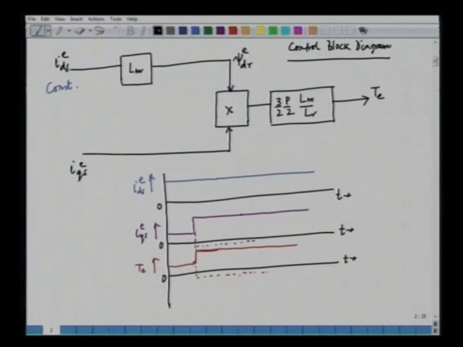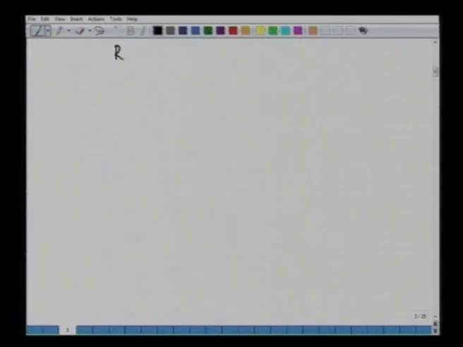So, we can now see the response of the vector control drive with variable rotor flux.